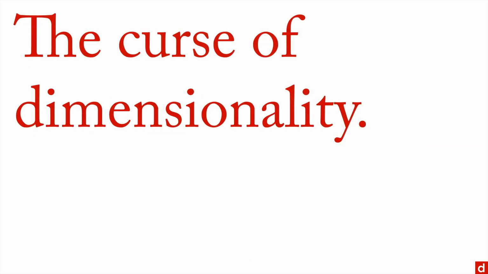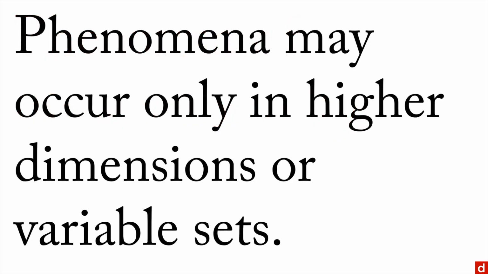Closely related to the combinatorial explosion is the curse of dimensionality. This is when you have phenomena, things that may only occur in higher dimensions or variable sets, things that don't show up until you have these unusual combinations. That may be true of a lot of how reality works, but the project of analysis is simplification. And so you have to try to do maybe one or two different things.